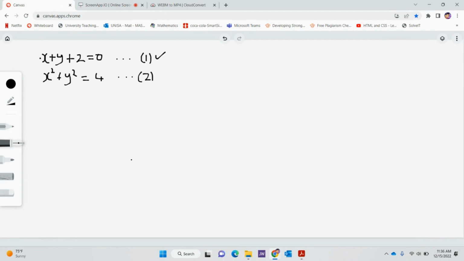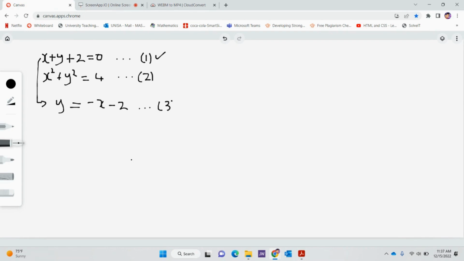So let's make y subject of the formula from equation 1. So it's going to be y is equals to minus x minus 2. So we took x and 2 to the right hand side from the left hand side. And then we just created equation 3.